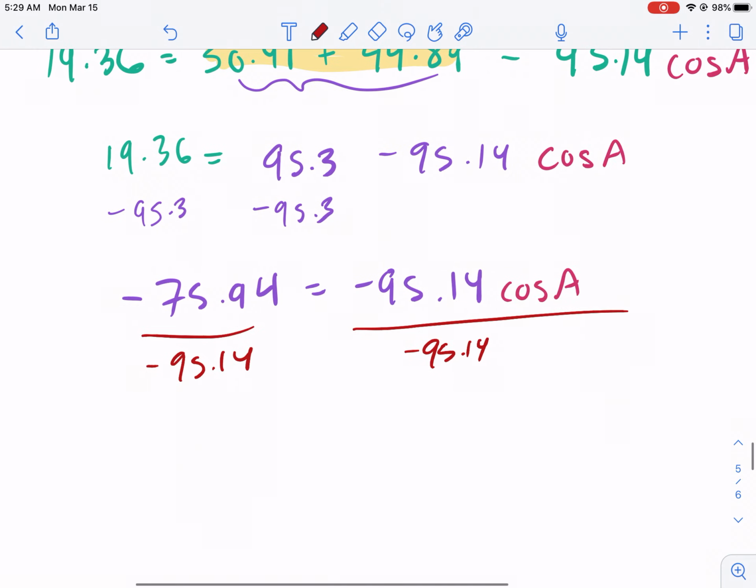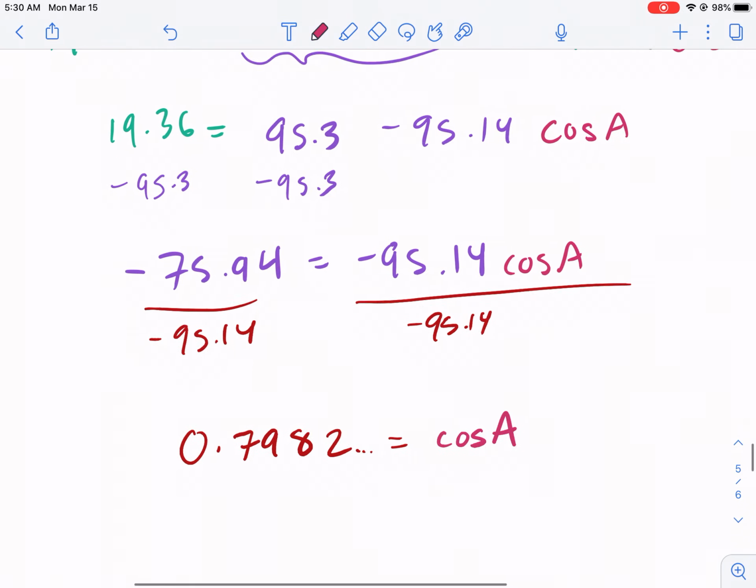When I do that, I get 0.798. I'm going to go 2 places here just for the sake of accuracy. What I'm essentially doing is saving the whole thing, which is about 8 digits on my calculator. I'm just showing you a fraction of it to give you an idea of how many places I'm going to. But I like to use the whole thing on my calculator because it automatically stores it.